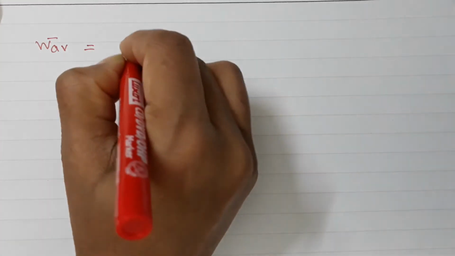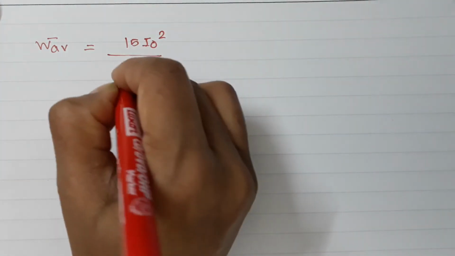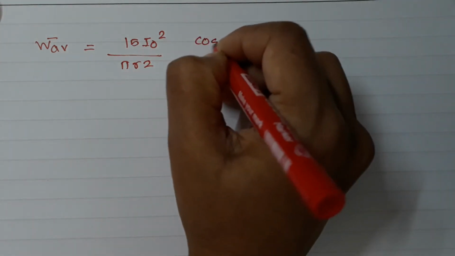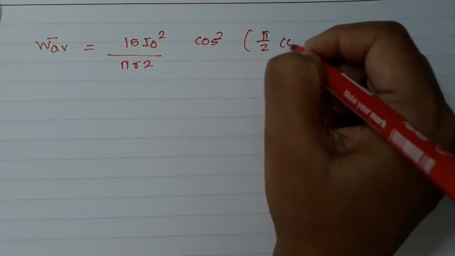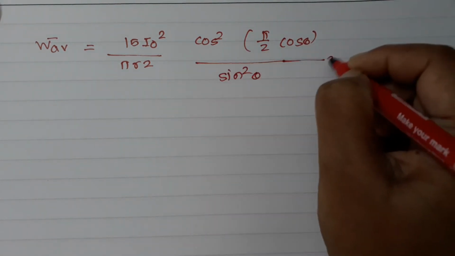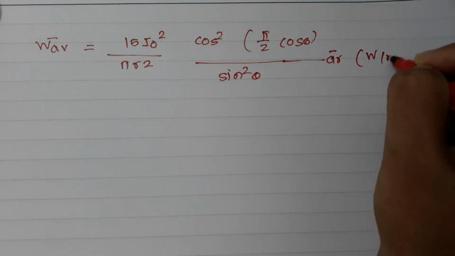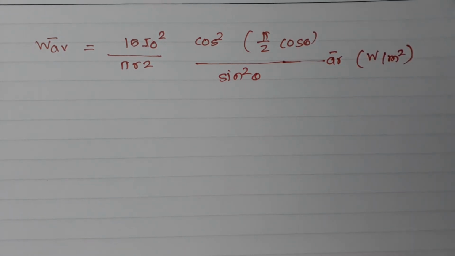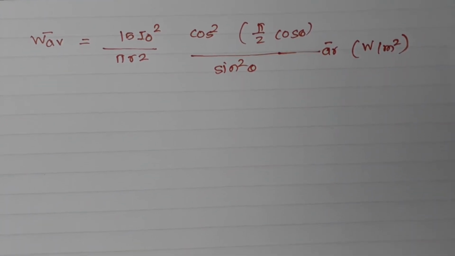So W average is equal to 15 I0 square divided by pi R square cos square (pi/2 cos theta) by sine square theta AR W, or you can say watts per meter square, and it is nothing but the radiation density.